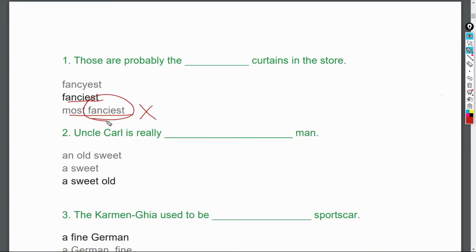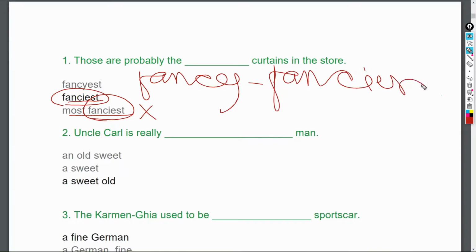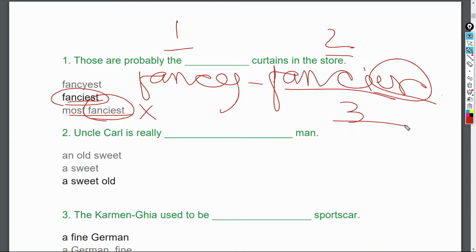And superlative is a degree. Degree means the degree of the adjective. So we will also discuss how the degree of the adjective is. And the adjective is also sometimes called the determiner. So therefore you see fancy, fancier, fanciest. This came from fancy, FANCY. FANCIER, fancier, means ER is added in the comparative degree. Degree number 2, this is degree number 1, and the degree number 3 will be the superlative, FANCIEST.